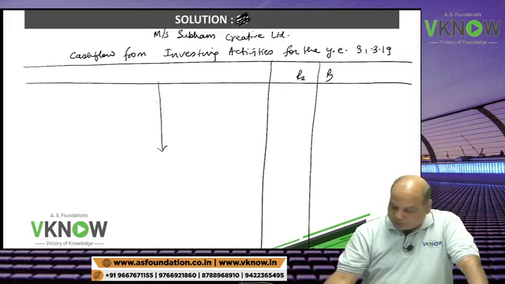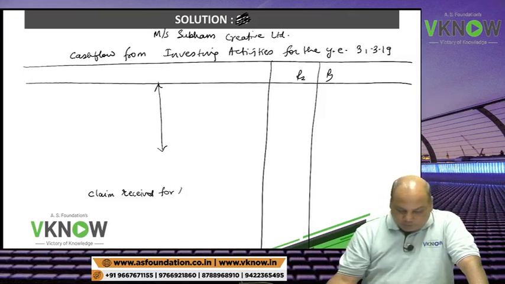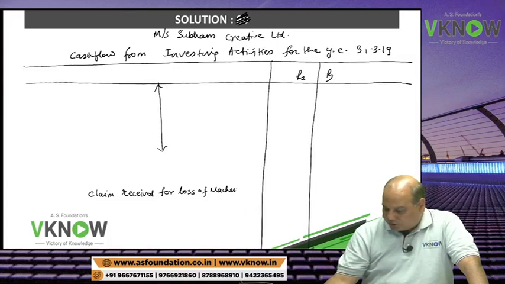Keep 6 or 7 lines blank, then write down claim received for loss of machinery.